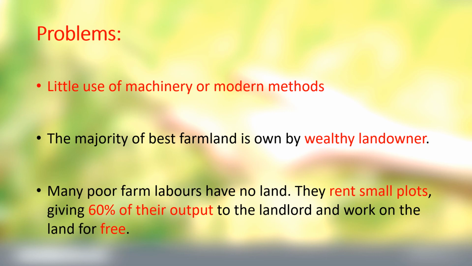For many poor farmers, they tend to rent a small plot. Diorang sewa tanah. 60% of their output, they give to the landlord, and the rest for themselves. But they work for free.